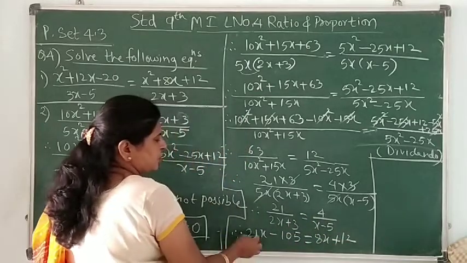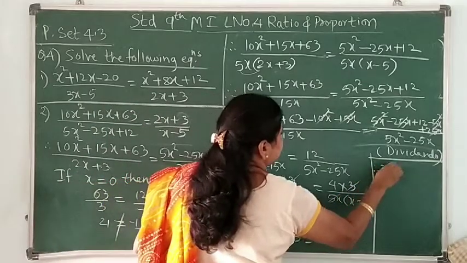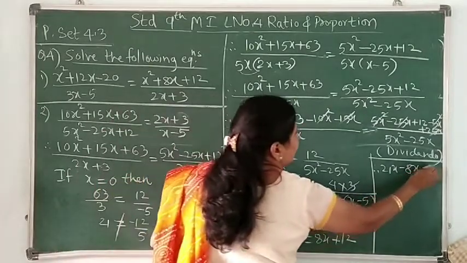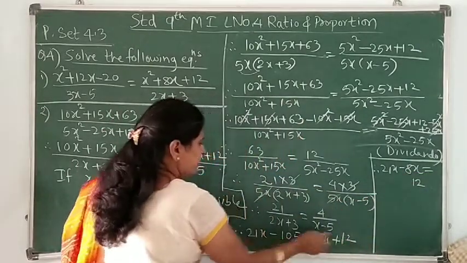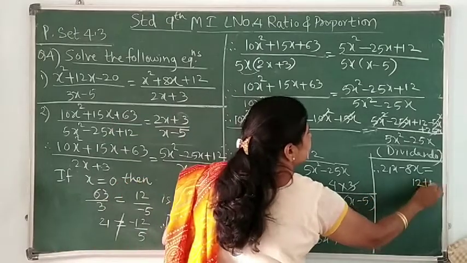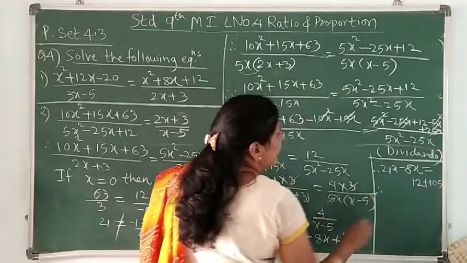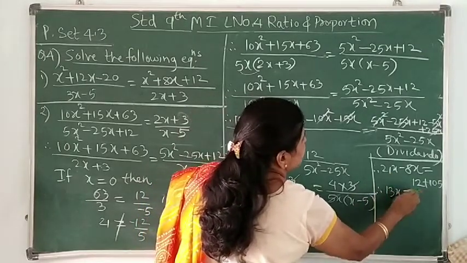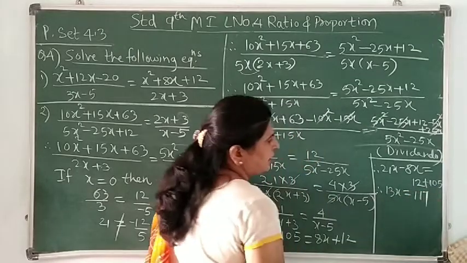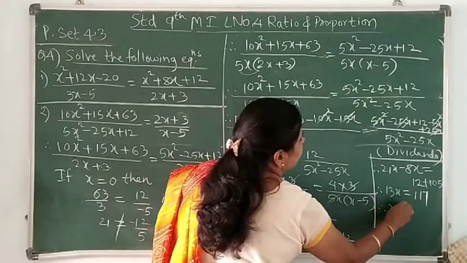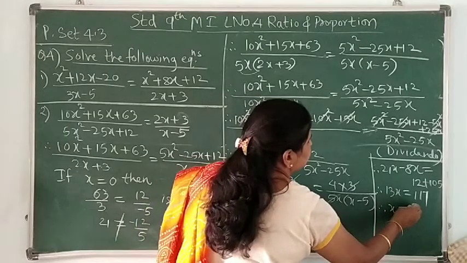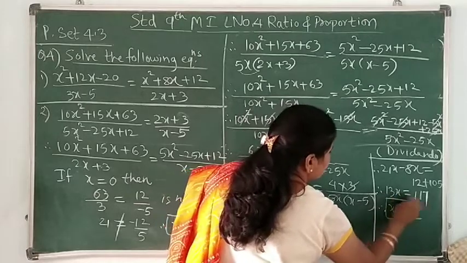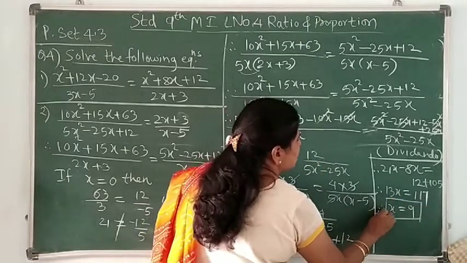Now let's transpose: 21x − 8x is equal to 12, and the minus 105 will go there as plus 105. So subtracting 21 − 8 you get 13x, is equal to the addition, 117. Now you divide by 13: 13 nines are 117. So the value of x is equal to 9. So this is your answer or solution.